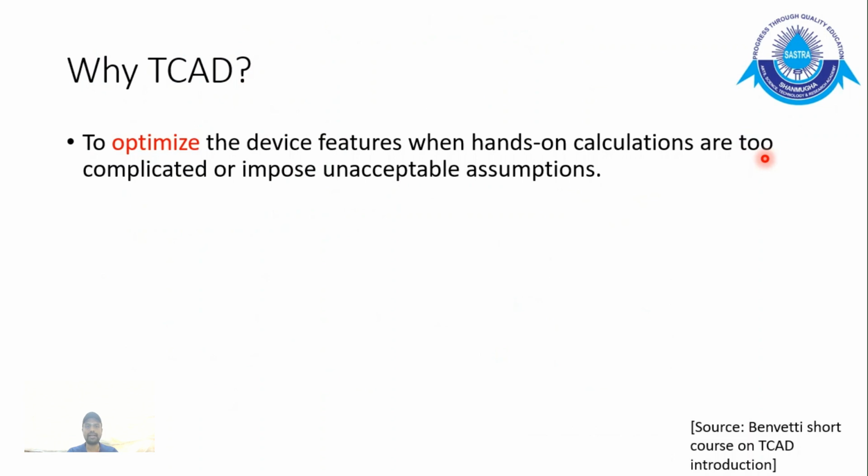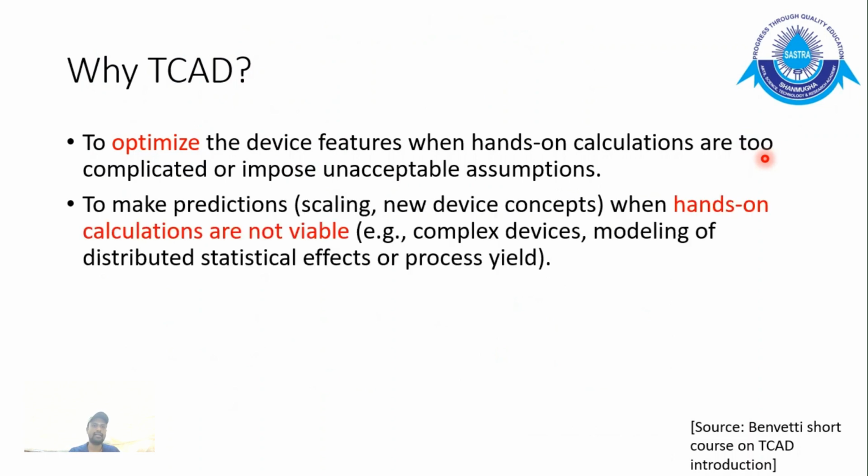To optimize the device structures and pre-screen the parameters, and we use the optimized parameters in the experiment. So mainly why you go for TCAD is to save time and money. That's very important. Also, sometimes it is used to make predictions. When hand calculations are very difficult or not possible, then we use TCAD.